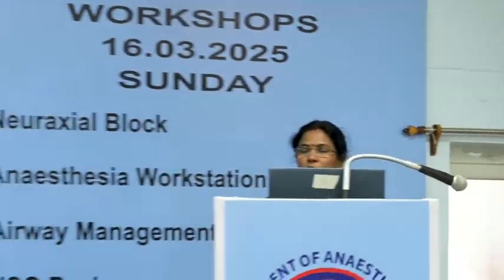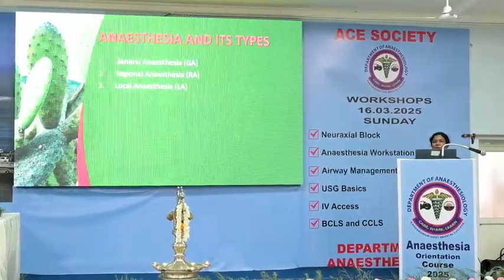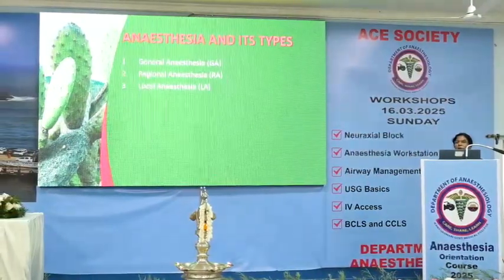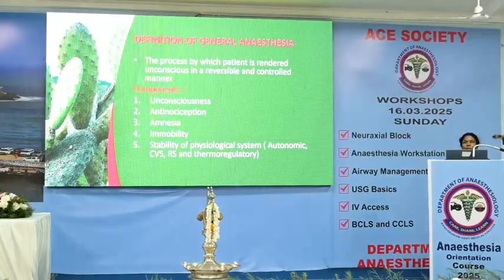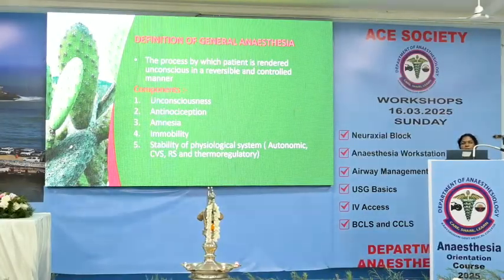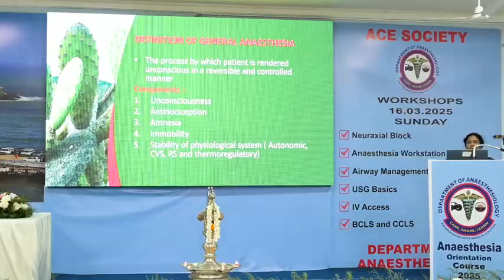Before going into the topic proper, everybody should know the types of anesthesia. Anesthesia is divided into general anesthesia, regional anesthesia and local anesthesia. General anesthesia is the process by which the patient is rendered unconscious in a reversible and controlled manner.